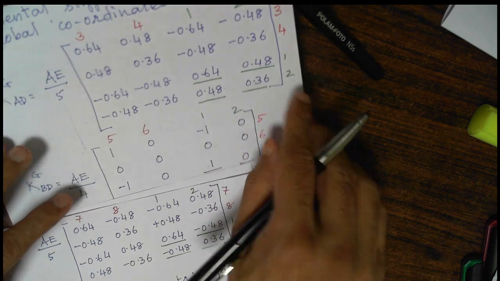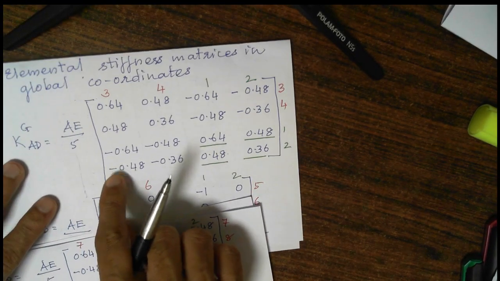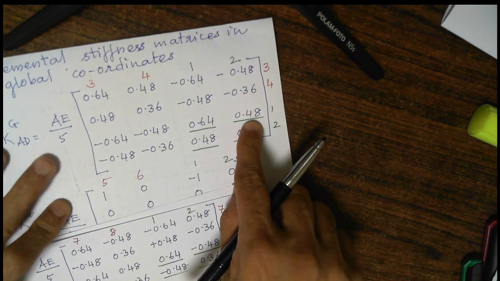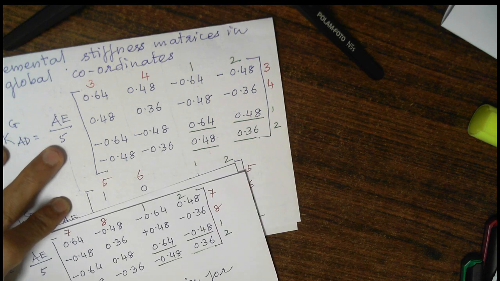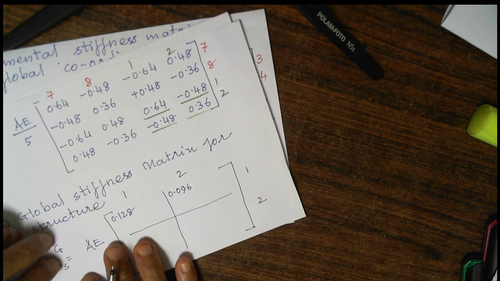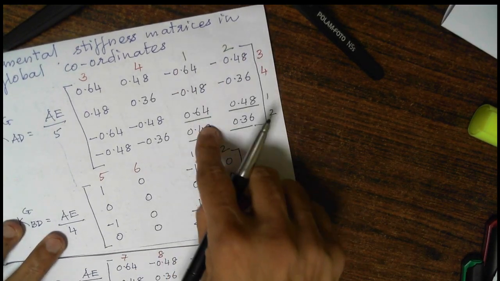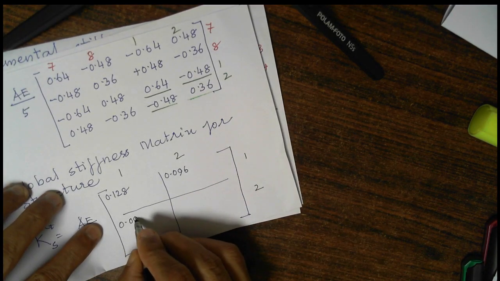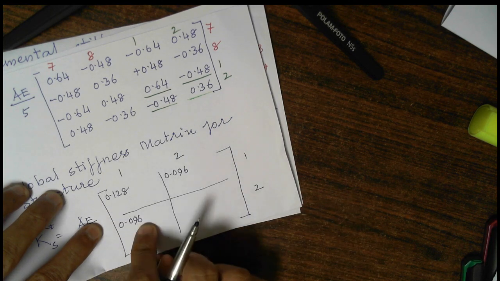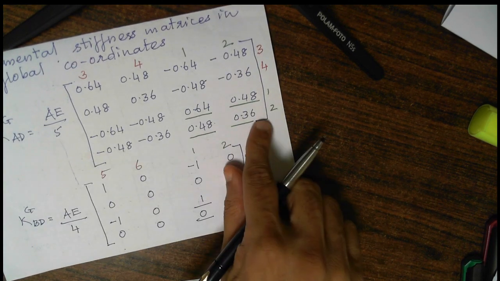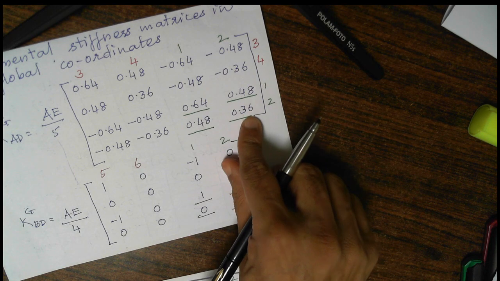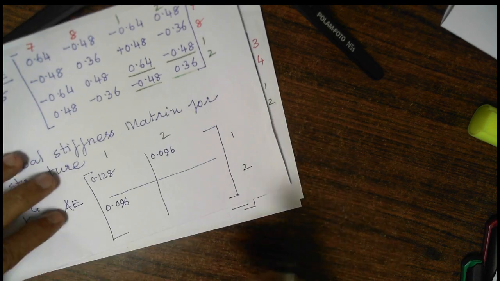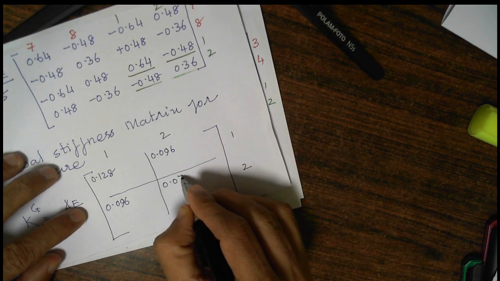Now first row, second column, we are mapping from AD. 0.48 divided by 5 is 0.096. That is 0.096, first row, second column. Now second row, first column, 0.48 divided by 5, again 0.096. Again from the AD matrix, second row, second column, 0.36 divided by 5, that is 0.072.